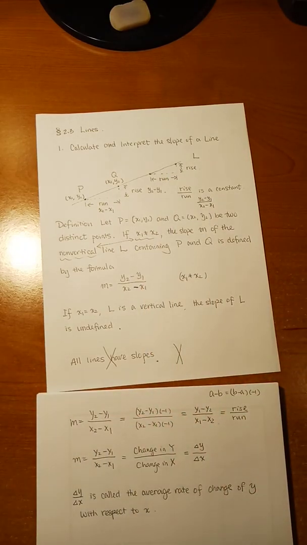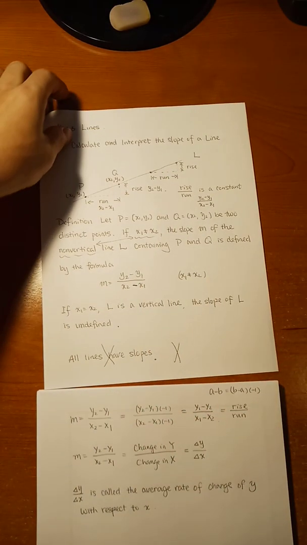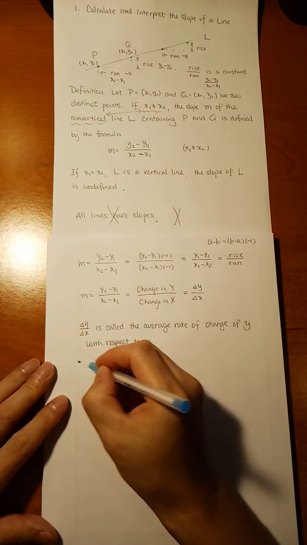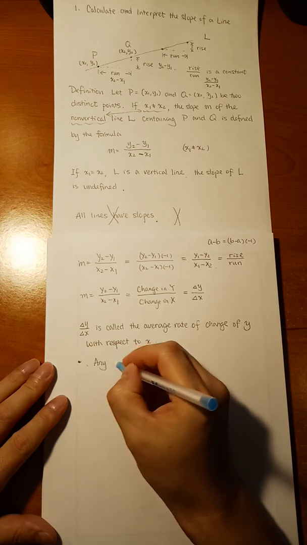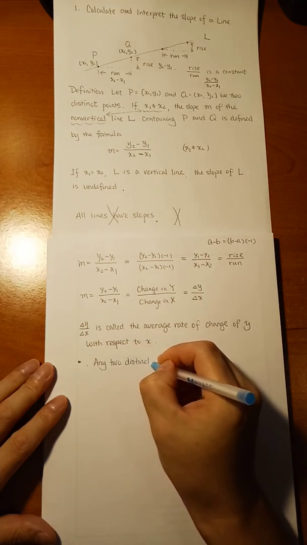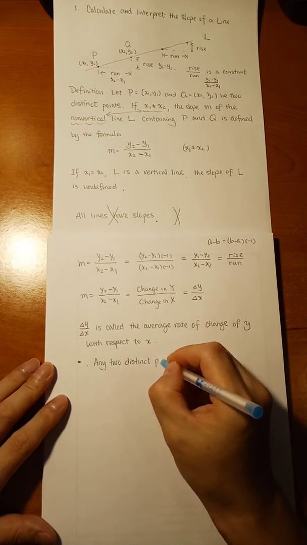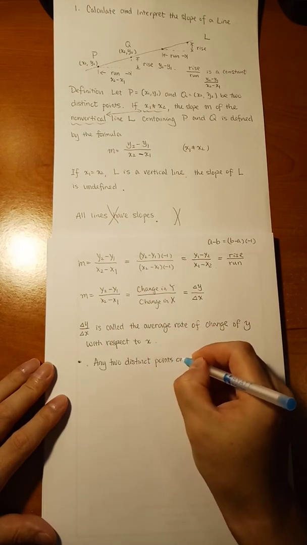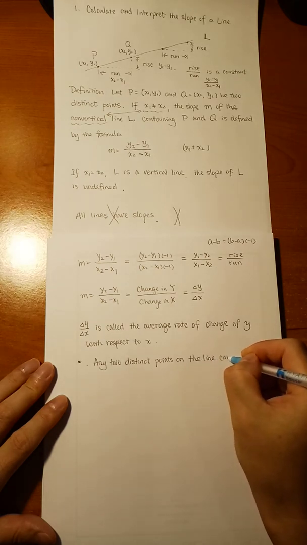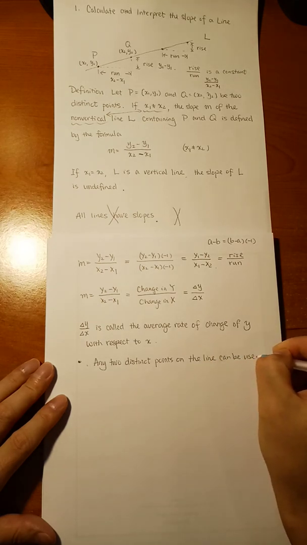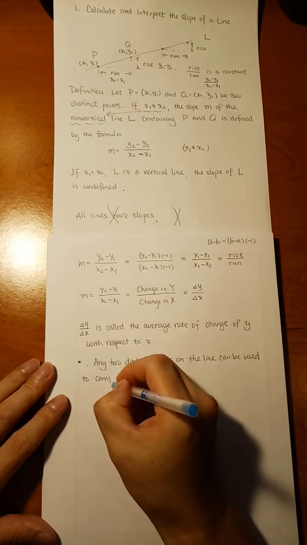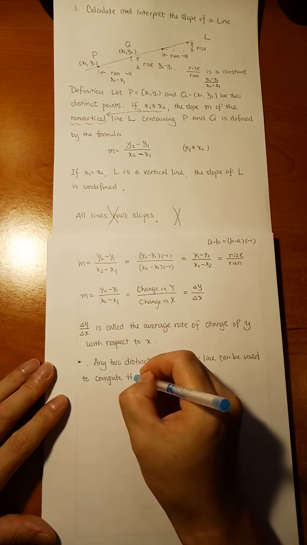This is from trigonometry. So, first, any two distinct points on the line can be used to compute the slope of the line.